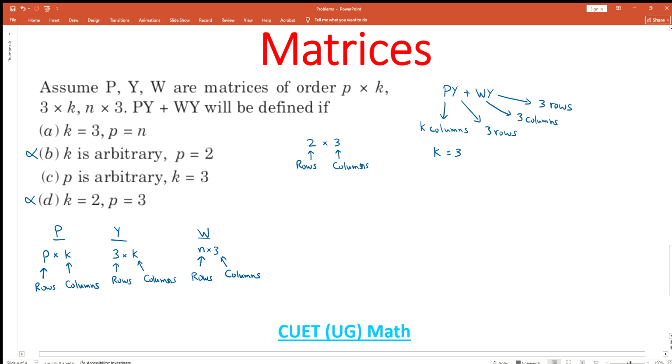Since the number of columns in matrix W is equal to the number of rows in matrix Y, that means this multiplication is valid and the matrix product WY is defined.